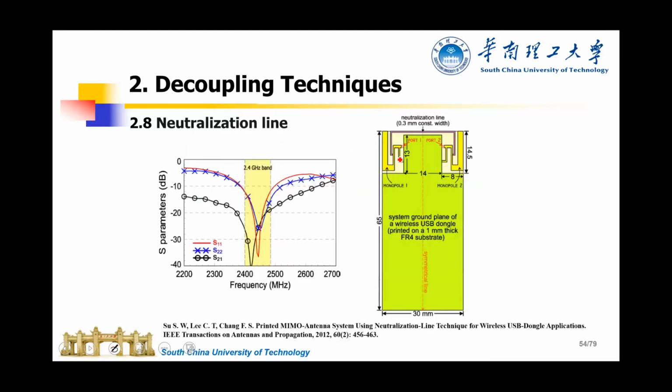And also in this work, this antenna and this another antenna. For the monopole, just introduce this neutralization line like this, so have good isolation.